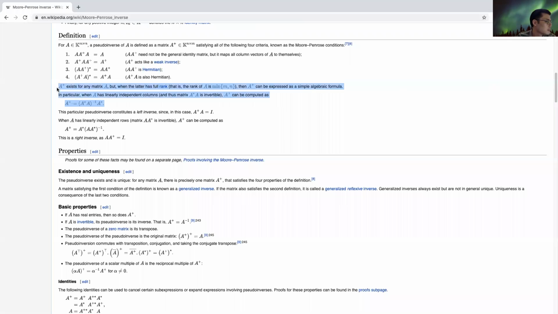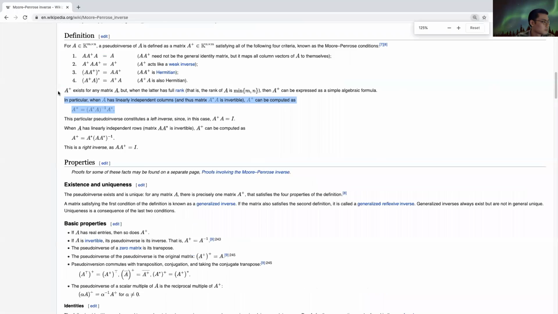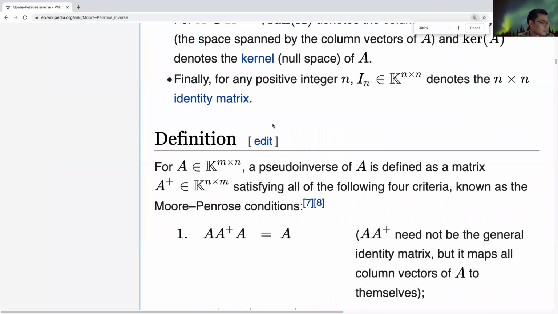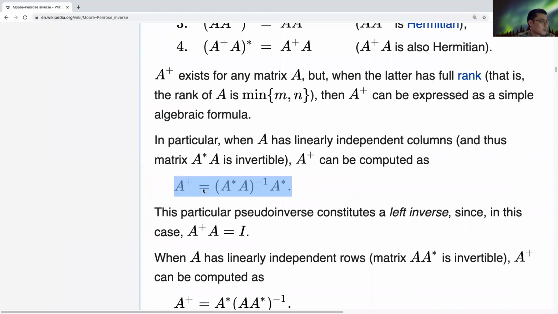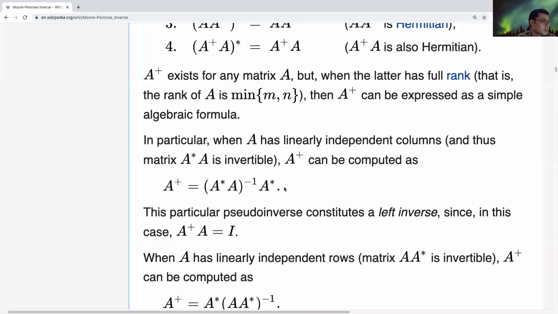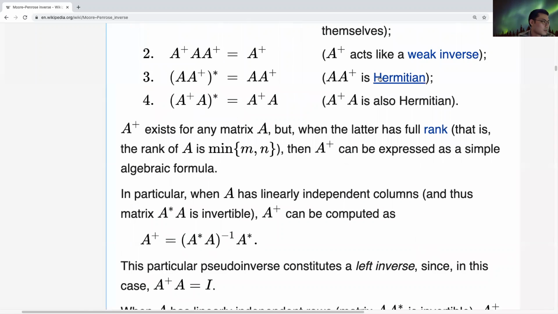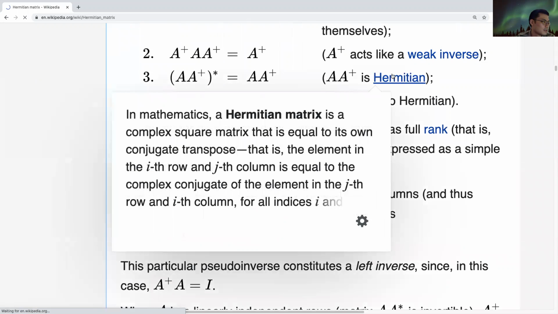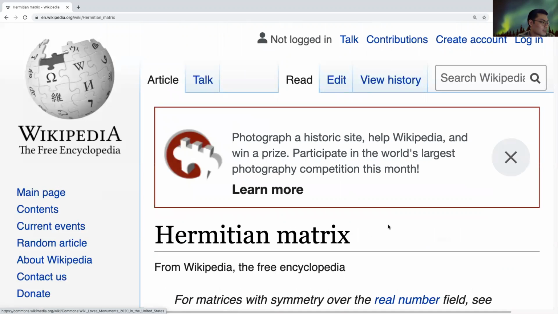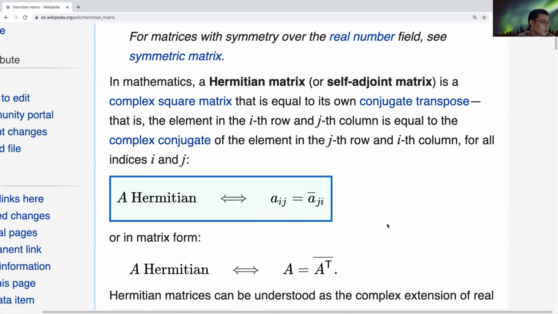There are other definitions, but it's basically this. This star, they use star instead of transpose. I think the star is called Hermitian. Hermitian is something similar to transpose. The difference is that you are considering the complex domain.